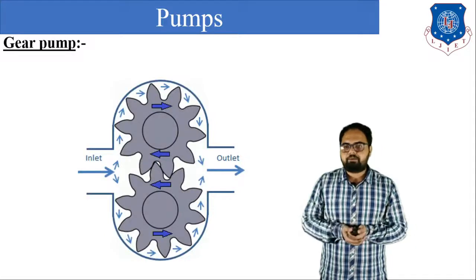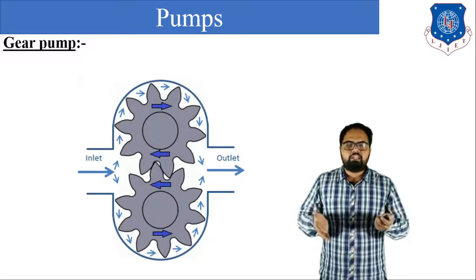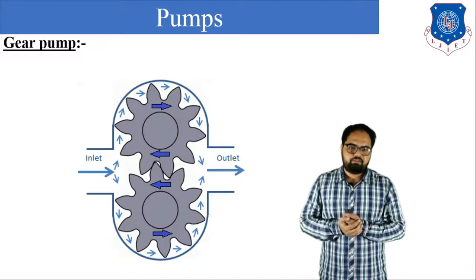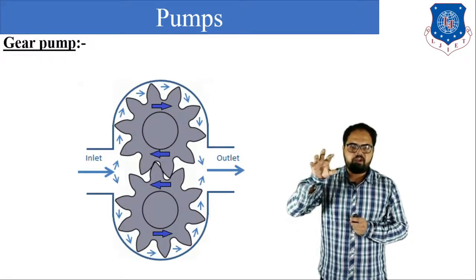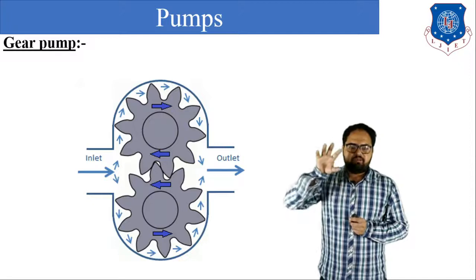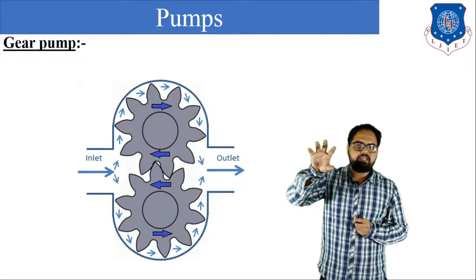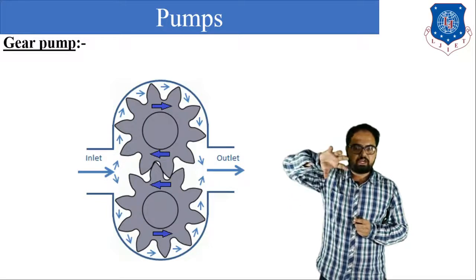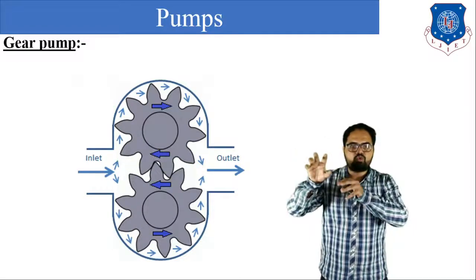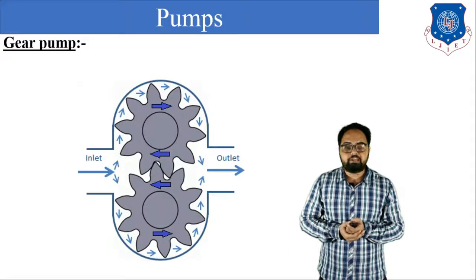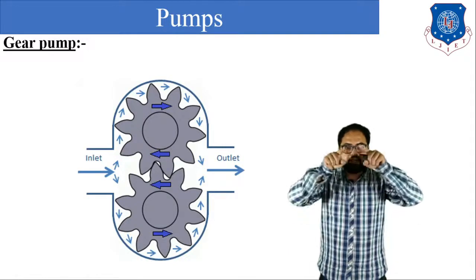Next pump is the gear pump. The gear pump consists of two gears. One is the driving gear, another is the driven gear. When power is supplied to the driving gear with the help of a prime mover, the driving gear is rotated. Due to that, the driven gear is also rotated but in the opposite direction, and there is an airtight casing.